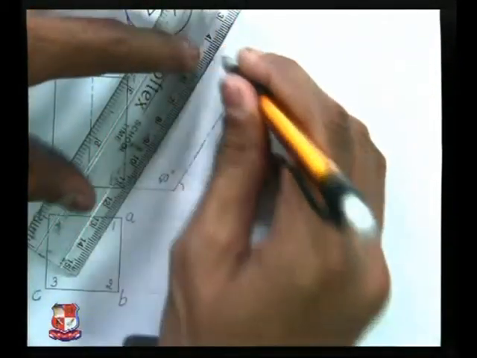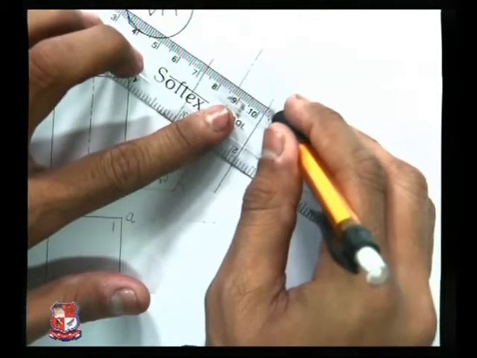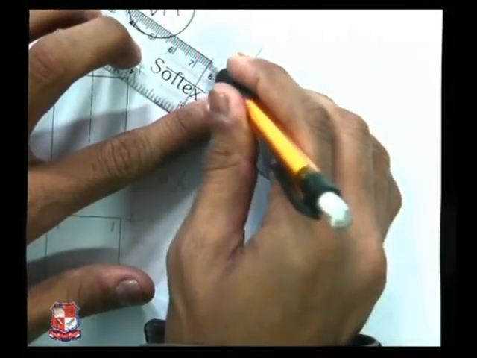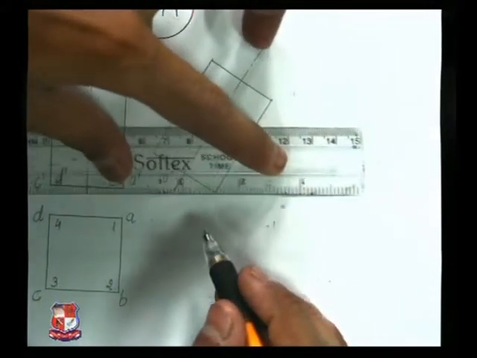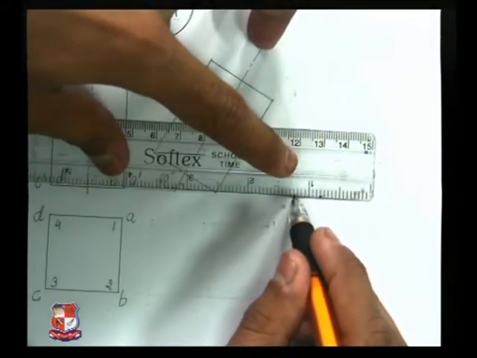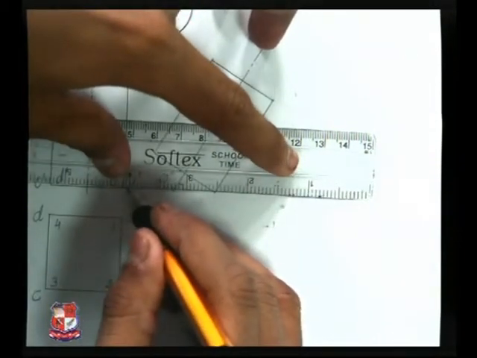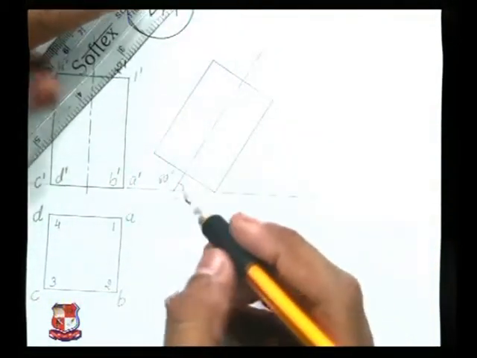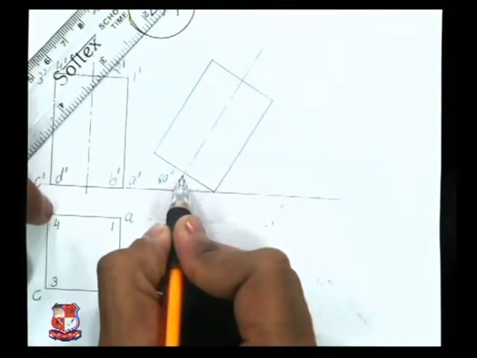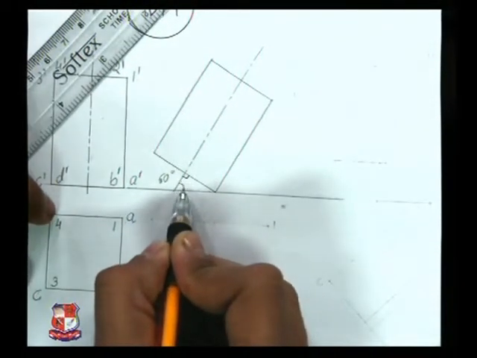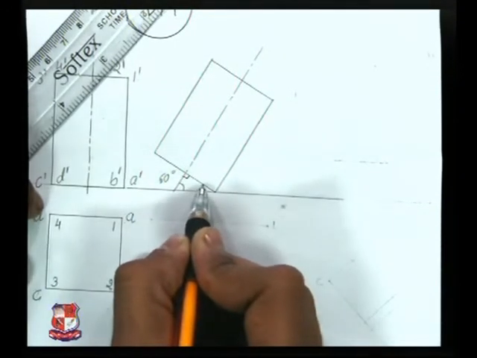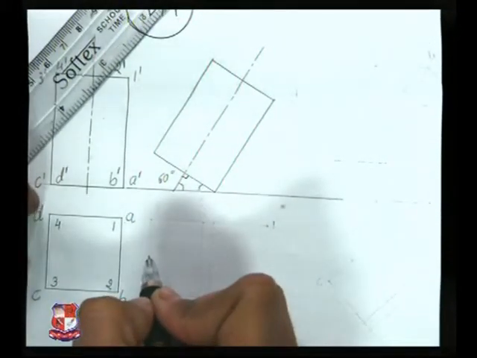So just by redrawing this rectangle, but the angle of this rectangle with XY line should be 60 degree, or its base angle should be 30 degree. You can see here this angle is 90 degree, this is the base, and this angle would be 60 degree. Hence this base will make automatically 30 degree angle. So both the options are given to us.